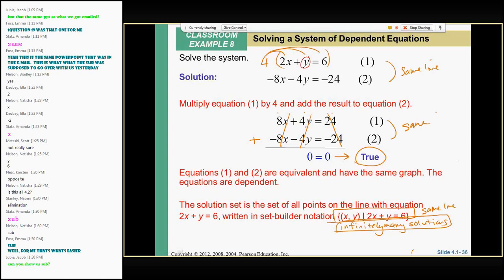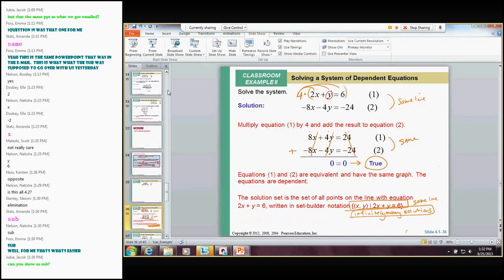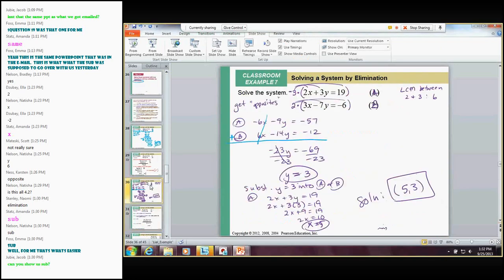Ms. Parker? Yep. But don't you have to multiply 4 by both of the, like the -8 and the 2x? We're only doing it to the top equation. I thought you had to do it to both equations. Nope. Only to get the opposite. So if you look, Lacey, in the previous problem, we had to multiply both in order to get one to be 6 and the other one to be -6.